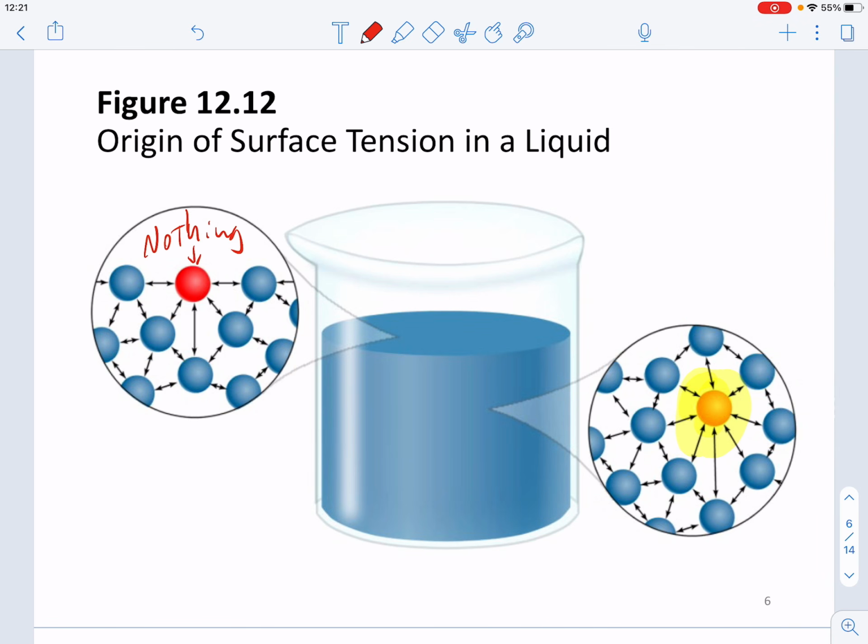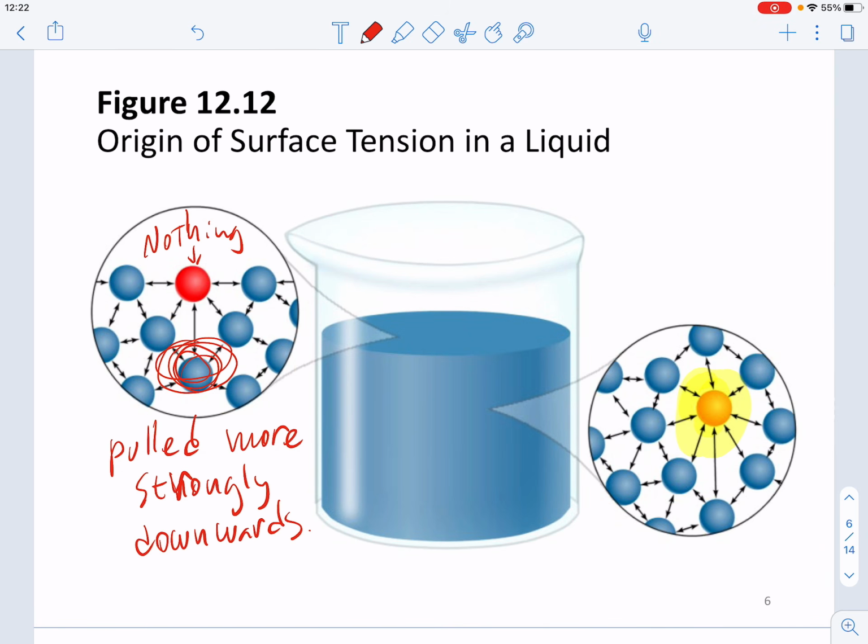Then you have the sideways molecules, but the ones right below are pulling that molecule, the one at the surface, more strongly downwards.